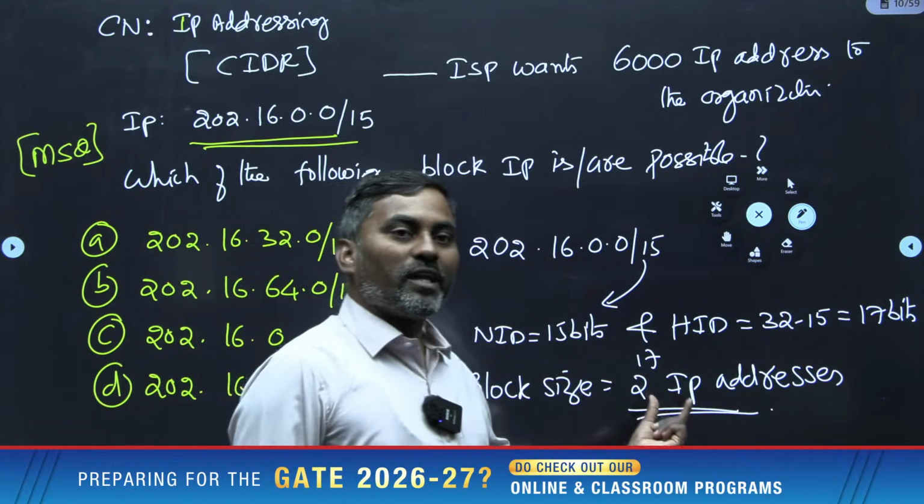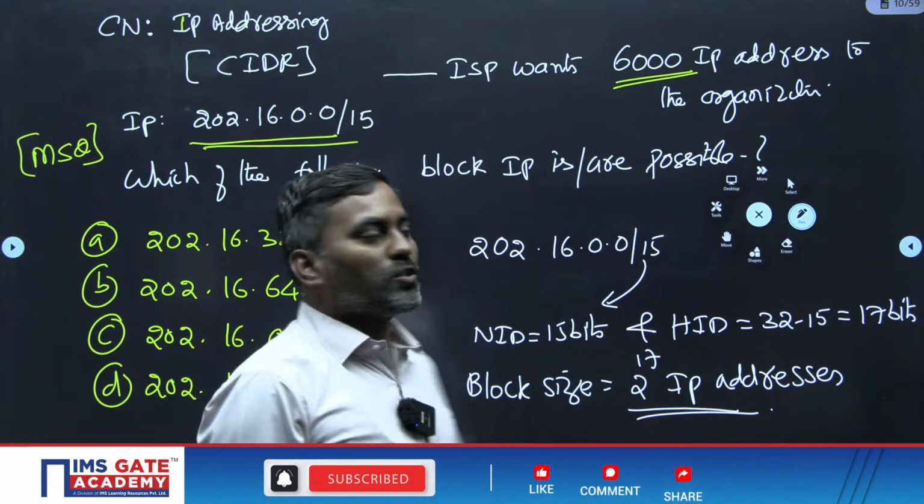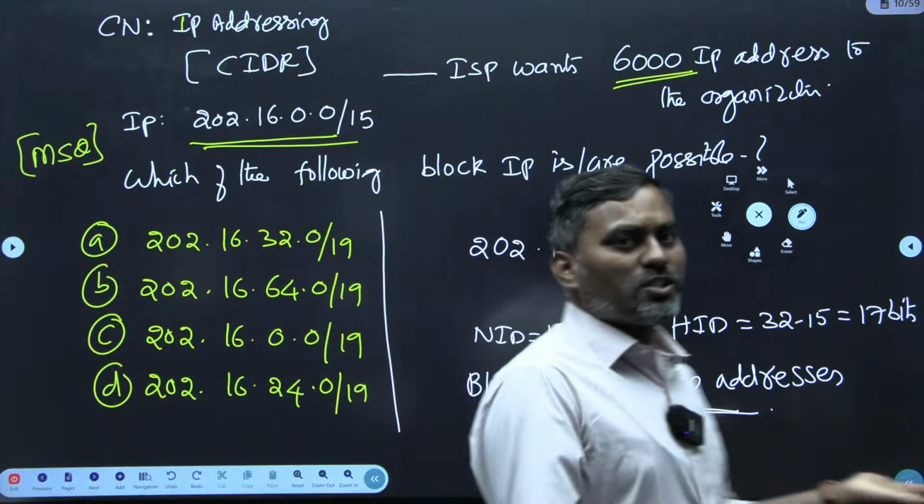Out of 2 power 17 IP addresses, we want to give 6,000 IP addresses to the organization. So which is a possible block IP for that? This is supernetting only, right?